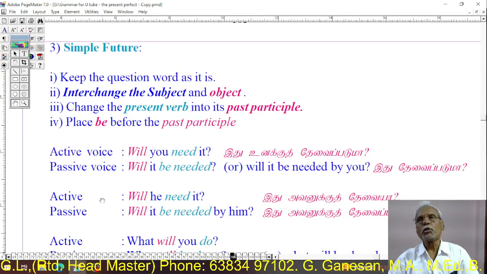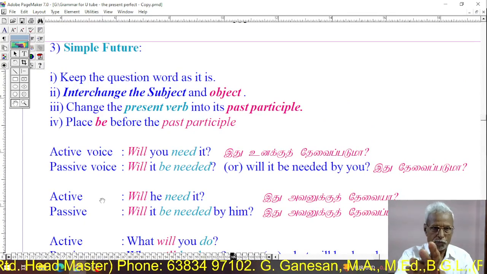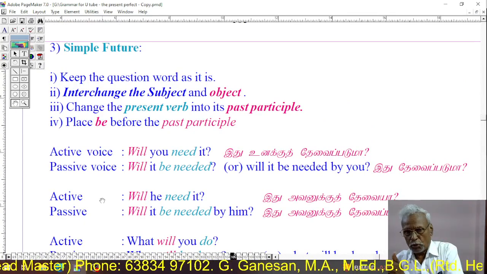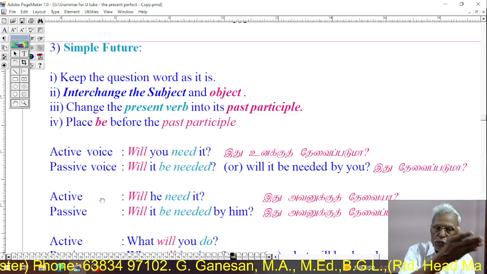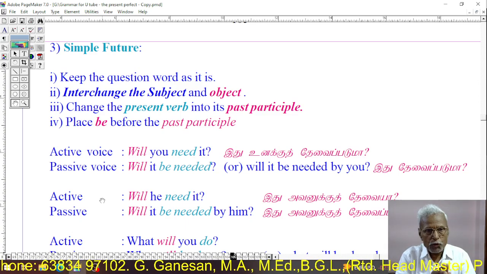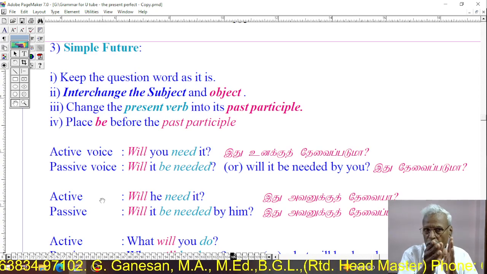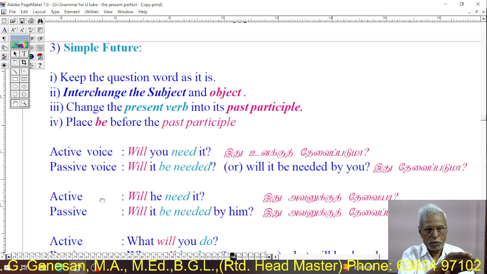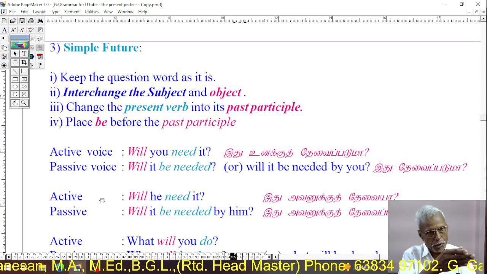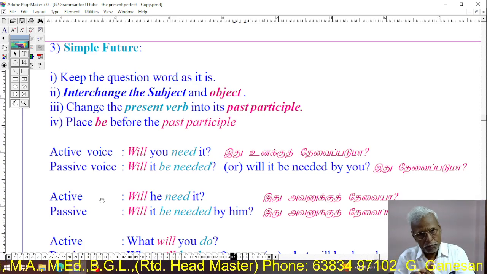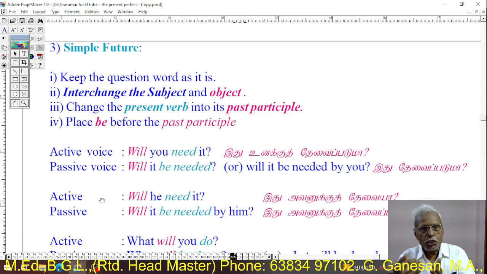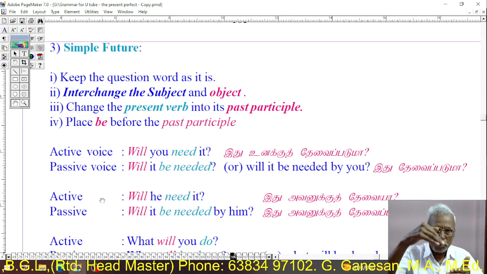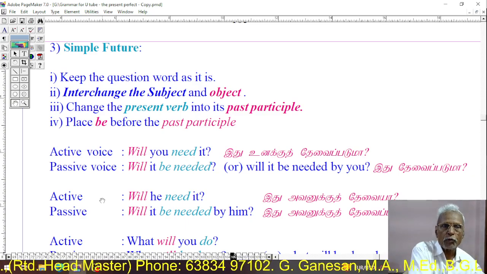Now the simple future. In simple future, there will be two verbs: shall or will plus the present verb. In basic question form, we have to use shall or will according to the subject, and the present verb should be changed into its past participle, and be should be placed before the past participle.